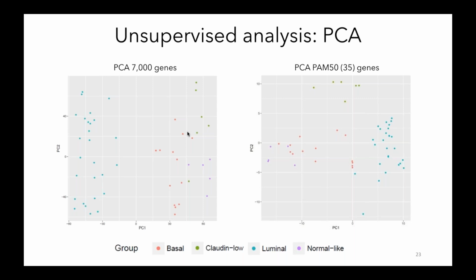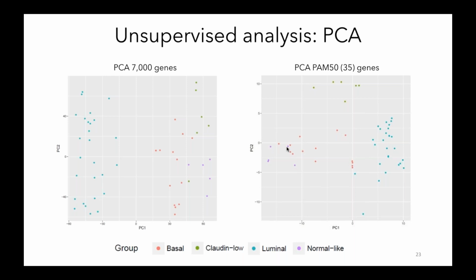Now, as you remember from our first lecture, when we talked about the project itself, we can actually look at PAM50. PAM50 is a panel of 35 genes plus some housekeeping genes that are added onto it. And according to PAM50, you can see a separation.